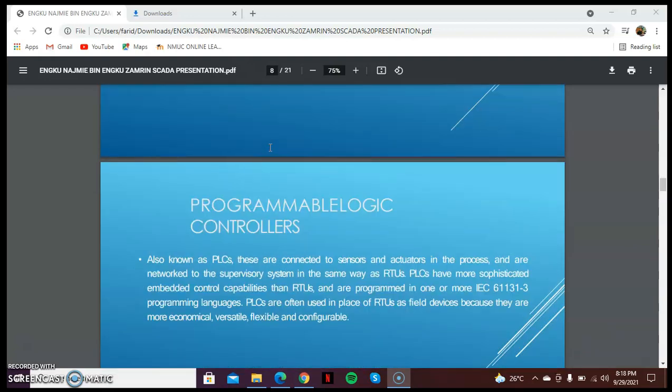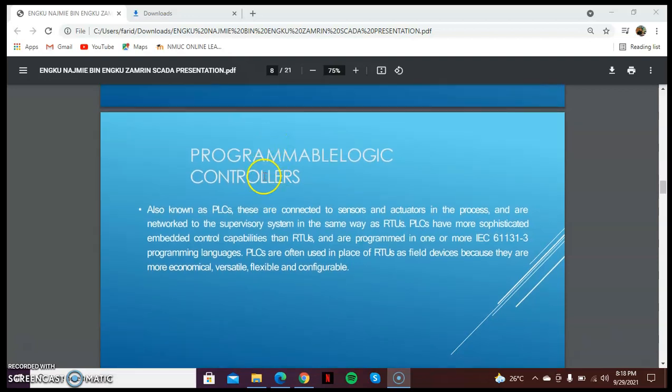So then we go to the PLC, or programmable logic controller, that is connected to sensors and actuators in a process and is networked to the supervisory system in the same way as an RTU.